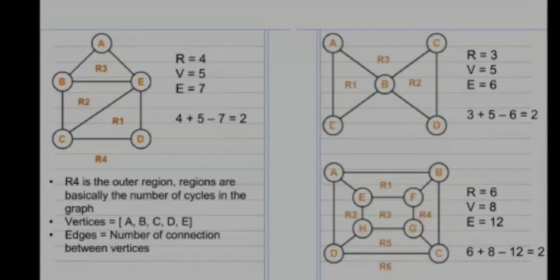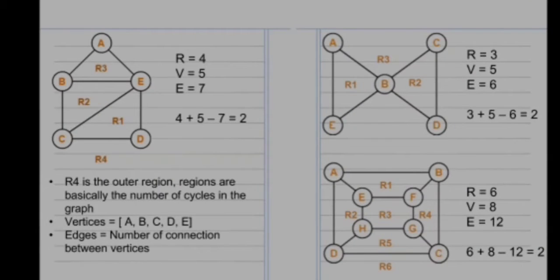So a total of 6 regions. Then when we count all the vertices A, B, C, D, E, F, G, H, we have 8 vertices. And when we count the total number of edges, they are 12. On applying Euler's formula, when we add 6 plus 8 and then subtract 12 from it, we get 2. So once again, Euler's formula has proved to be true.